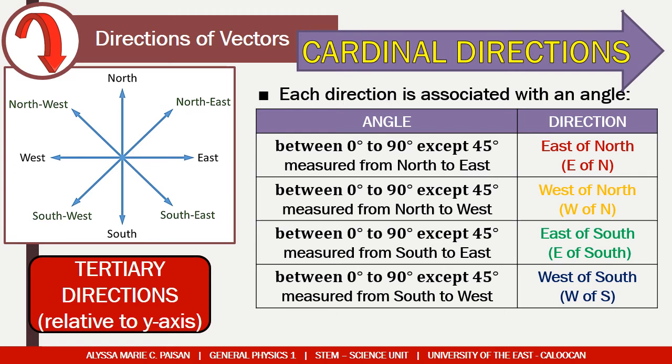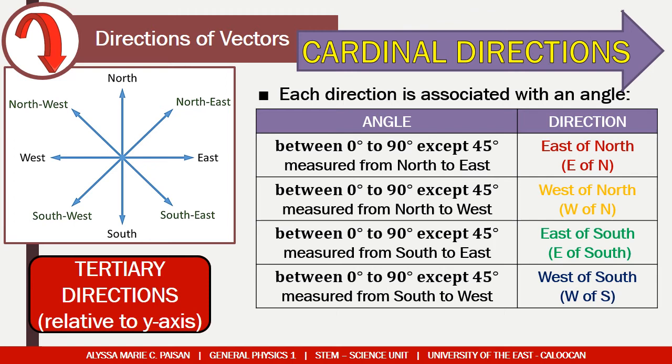So, kanina, dun sa relative to x-axis, we have north of east. This time, it's east of north. Baliktad na siya. Instead of north of west, we have west of north. And then, instead of south of east, we have east of south, and instead of south of west, we have west of south.